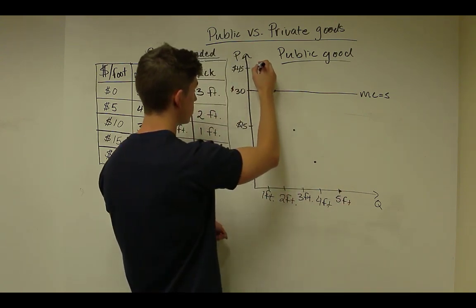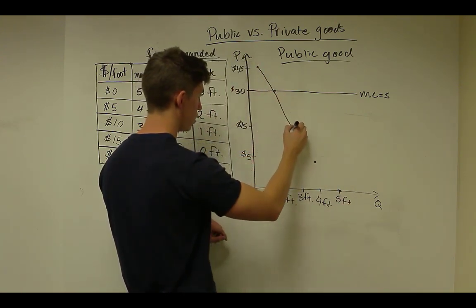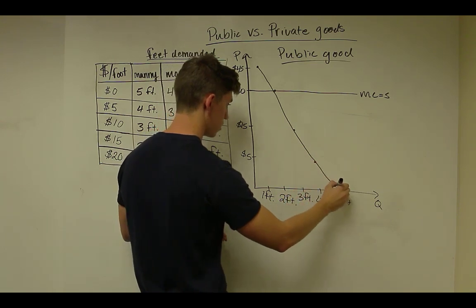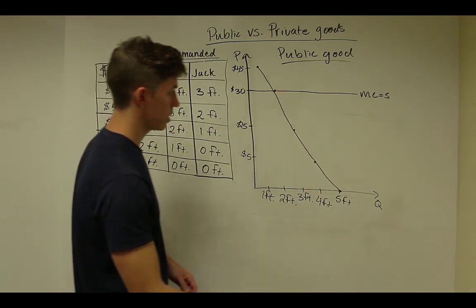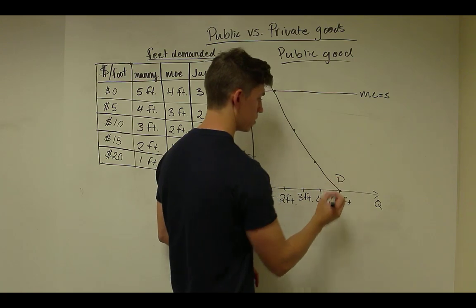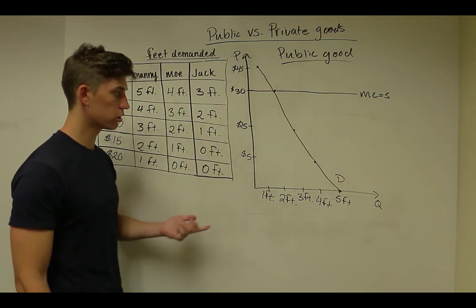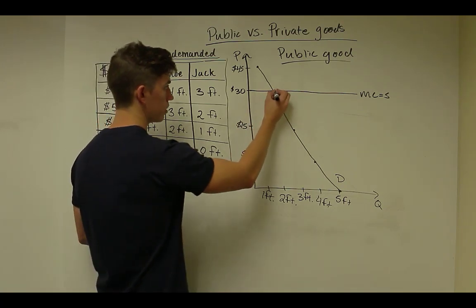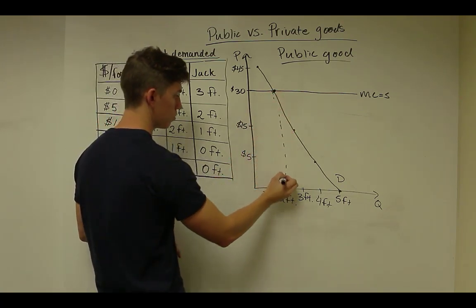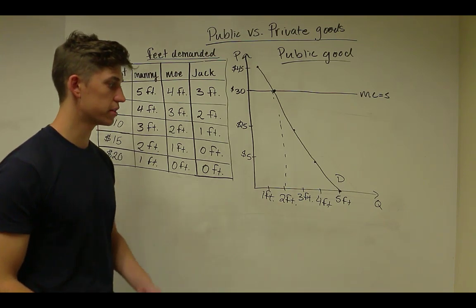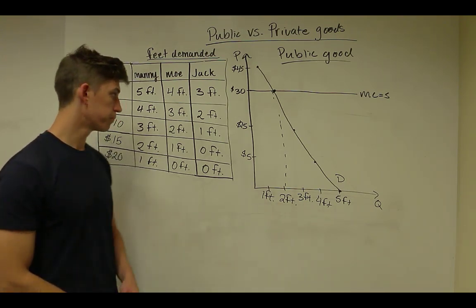Then we get this demand curve. It's downward sloping, and now we have supply and demand. In this case, if the marginal cost is 30, the market equilibrium is going to be 2. So there's going to be 2 units sold if this fencing is a public good.